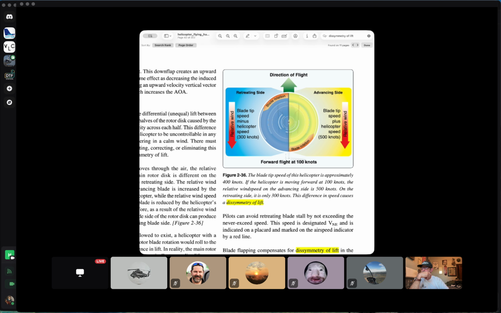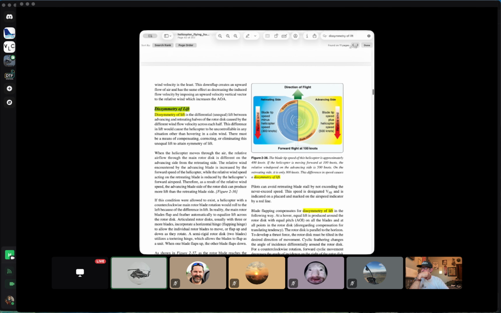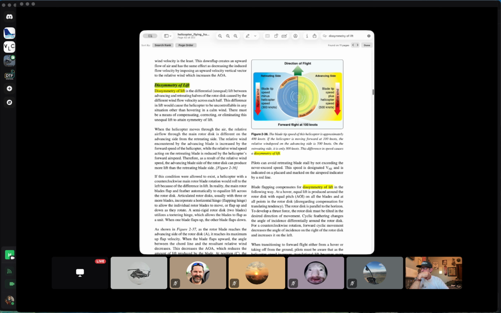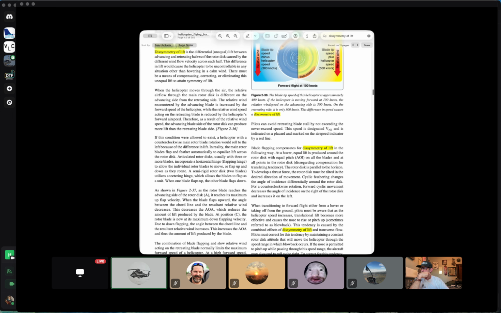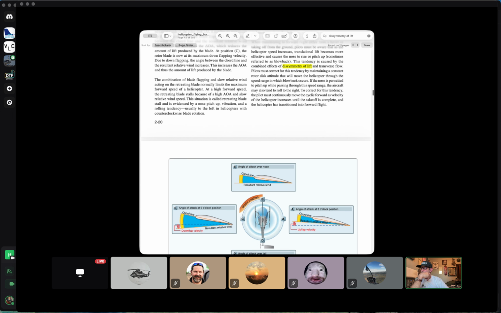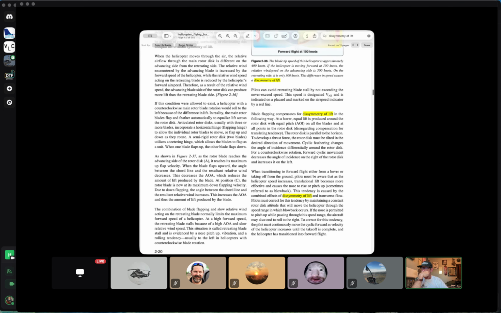I will just use that on occasion and say, here's why it isn't just the difference between 300 and 500 knots. It's because it's velocity squared, so your difference is squared, which is a huge difference in speed. Actually, looking through the Helicopter Flying Handbook I have up right now, it's reflecting exactly what you're saying.